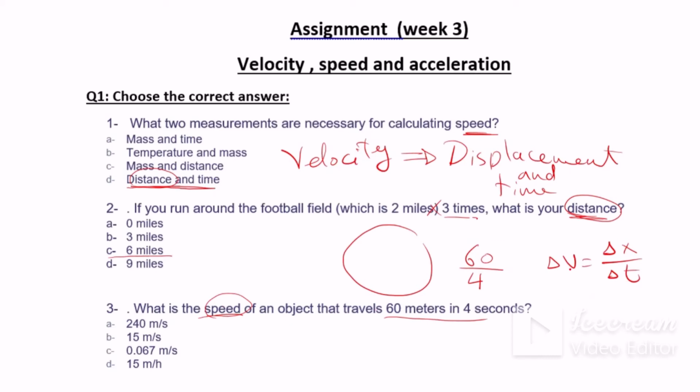I don't need to give you a lot of symbols so you get lost after that. The way to calculate speed is the same way to calculate average velocity, but the difference is velocity has direction and speed has no direction. Here the distance is 60 and the time is 4, so 60 divided by 4 equals 15 meters per second.